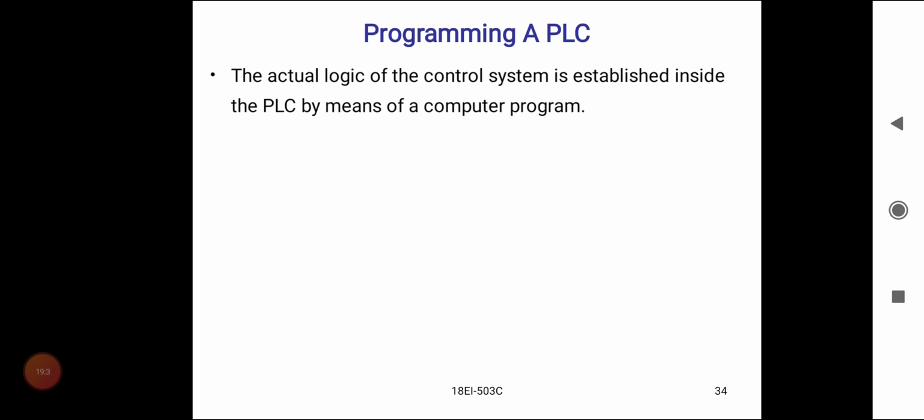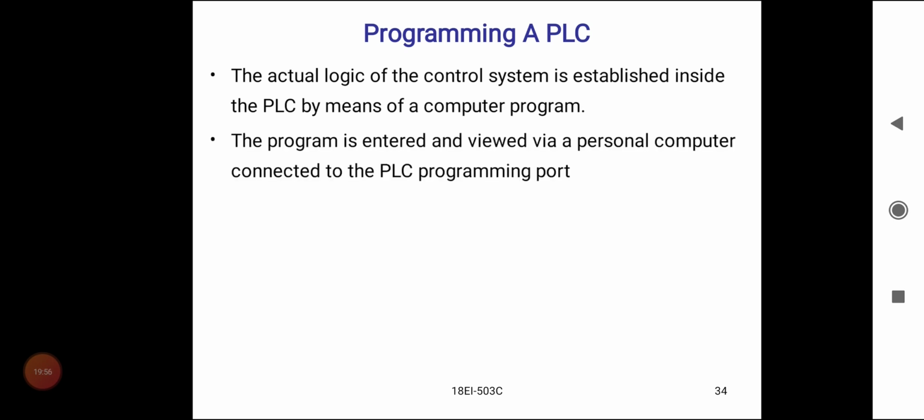Programming a PLC. The actual logic of the control system is established inside the PLC by means of a computer program. The program is entered and viewed via a personal computer connected to the PLC program port.